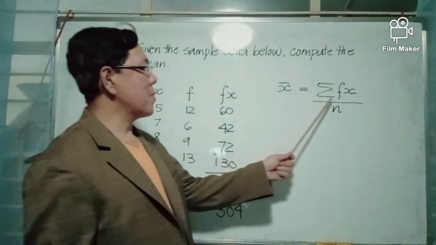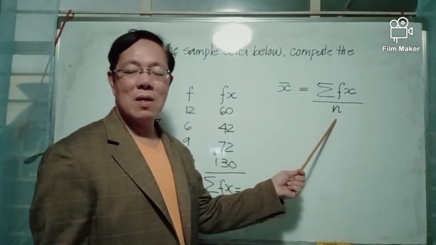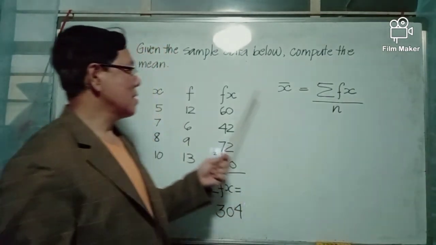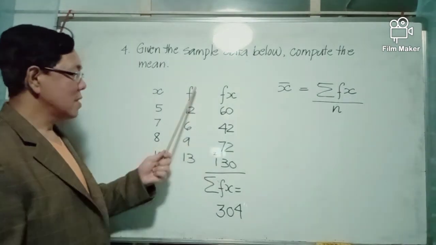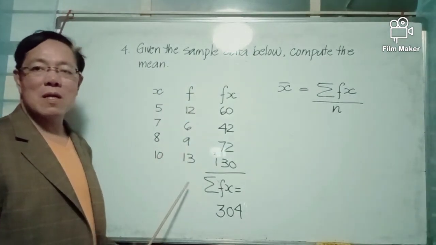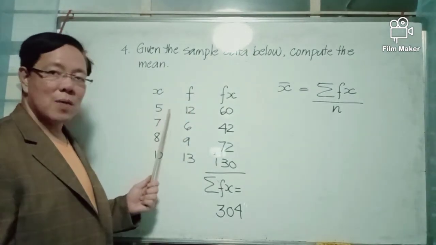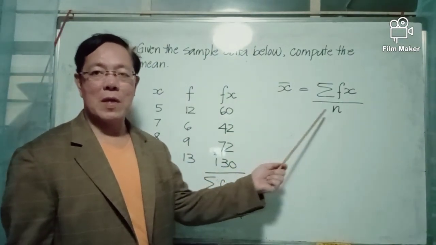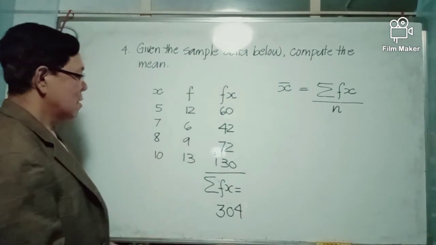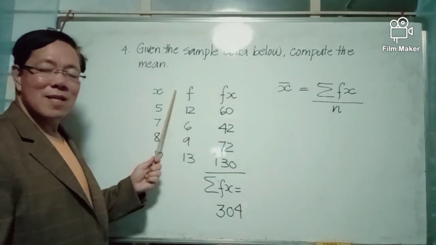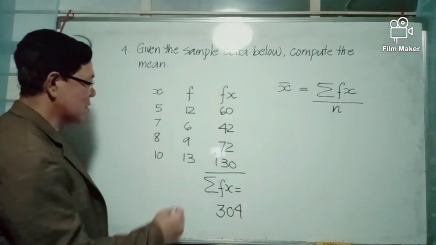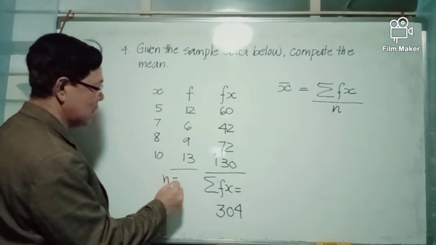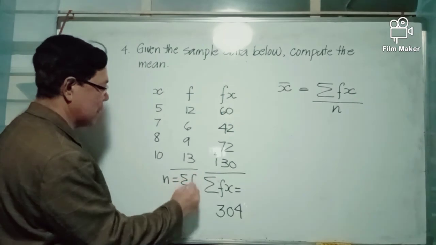And this summation of fx is divided by n. And here is the sample size. In a frequency table for ungrouped data such as this table, the sample size is the sum of the frequencies. So you add this second column. n is equal to summation of the frequencies.